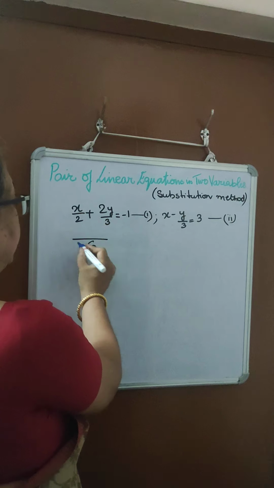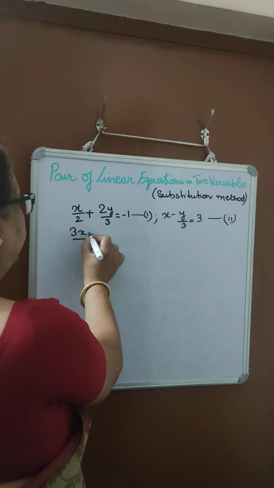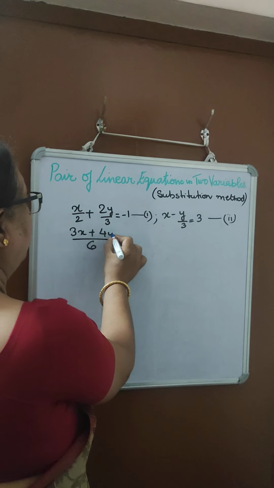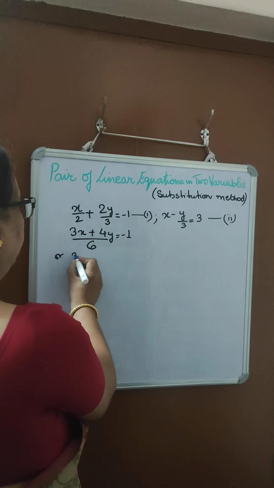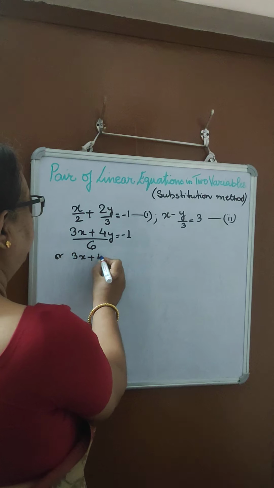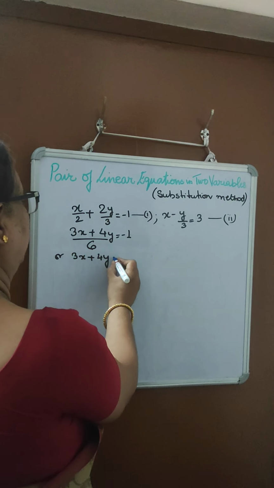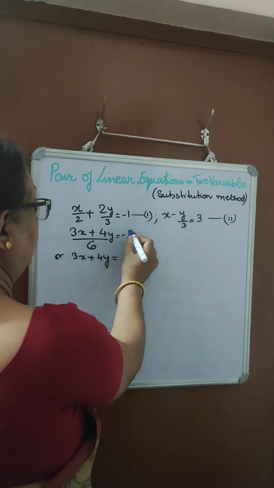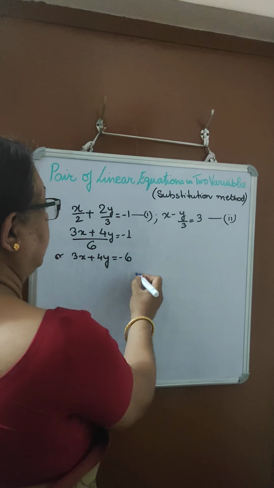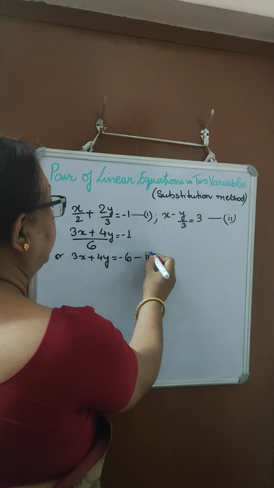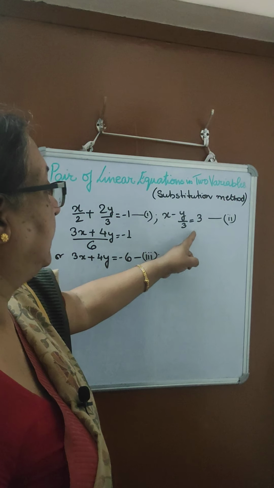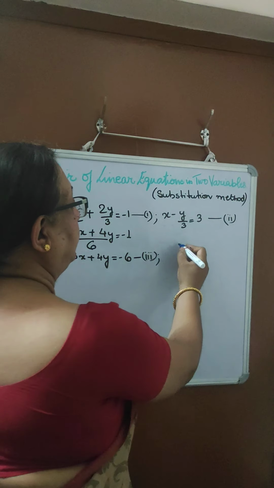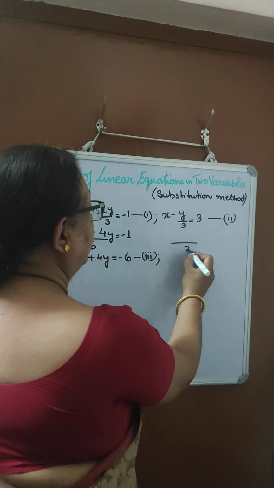LCM will be 6. So you have 3x plus 4y equal to minus 1, or 3x plus 4y equal to cross multiply minus 6. You can put this equation number 3. Similarly, from this equation, take the LCM, you get 3.